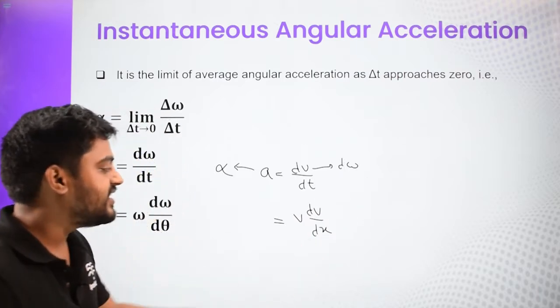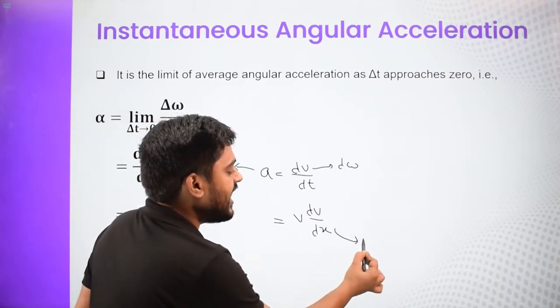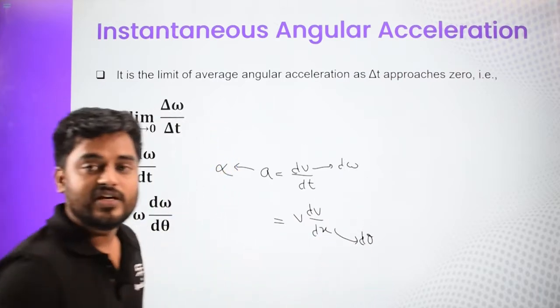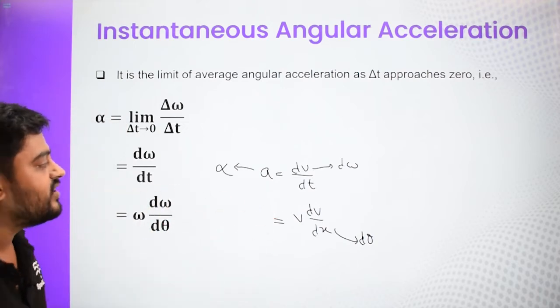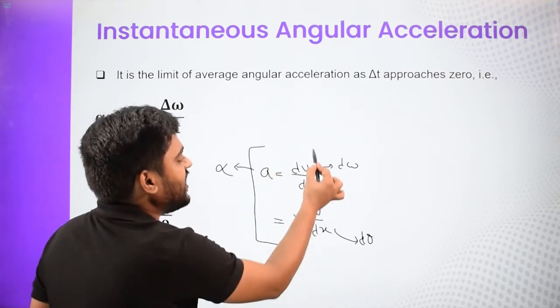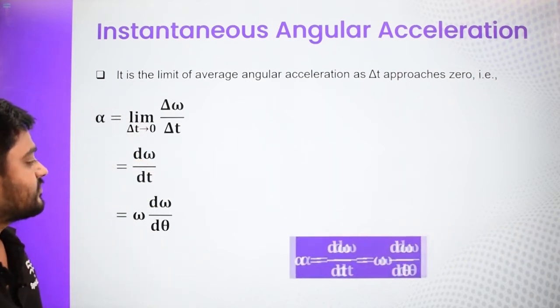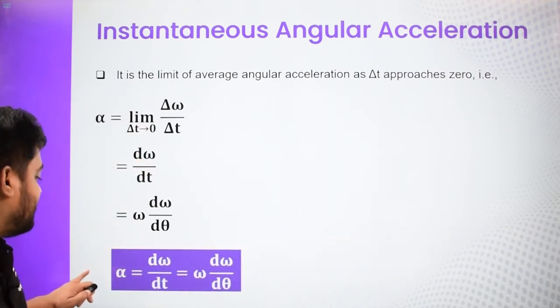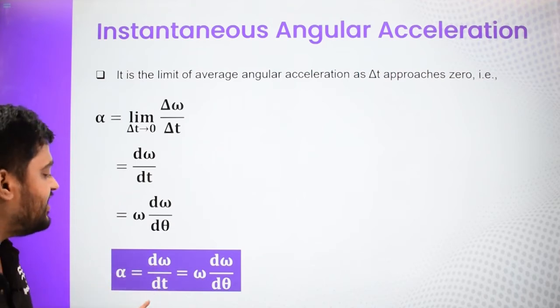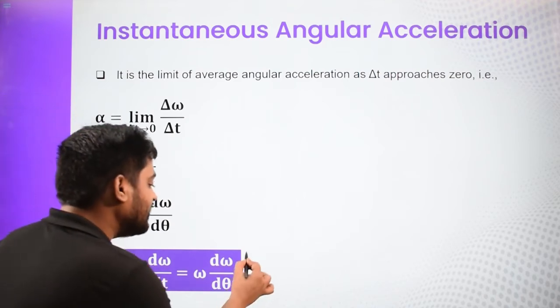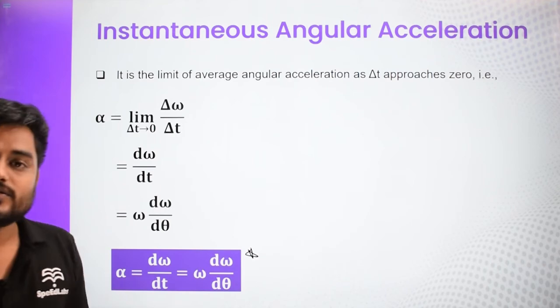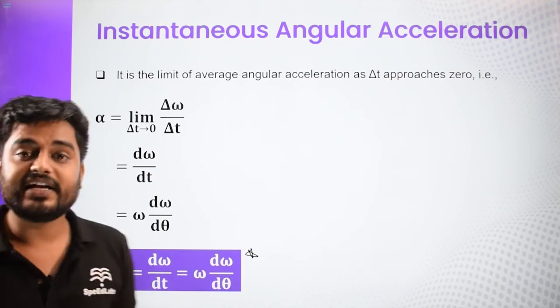And here instead of x we are using the angular displacement d theta. So this is a similar formula to the acceleration formula which we have already studied in previous chapters. So for alpha we have d omega by dt or omega d omega by d theta. This formula is important, so you need to remember this. Let us move to the next thing.